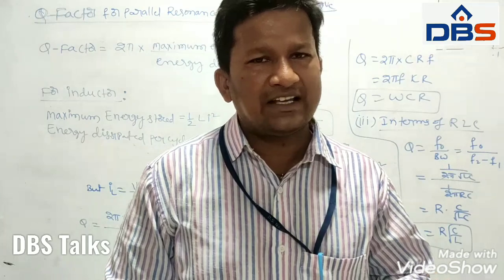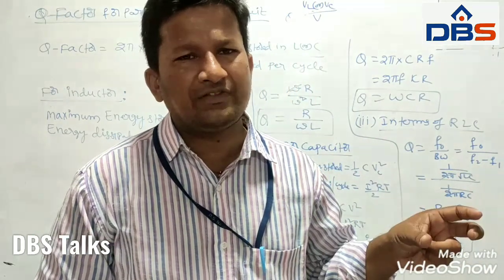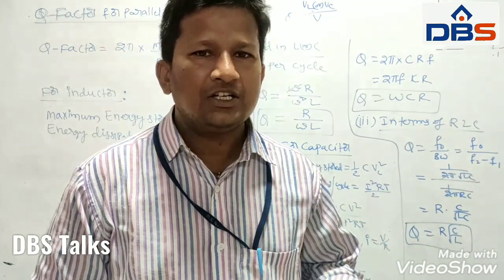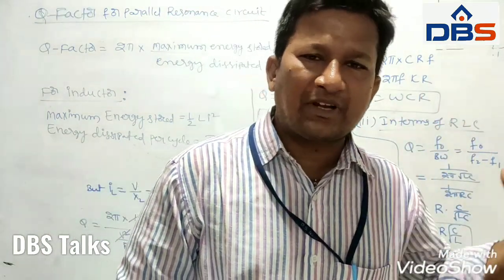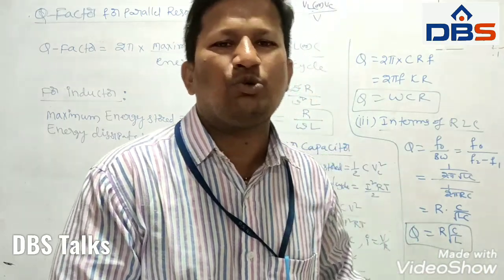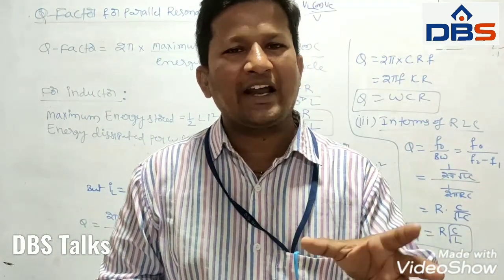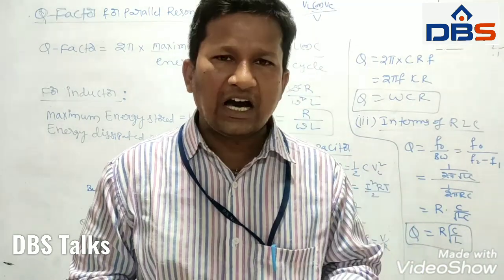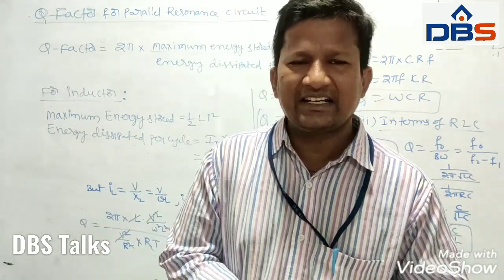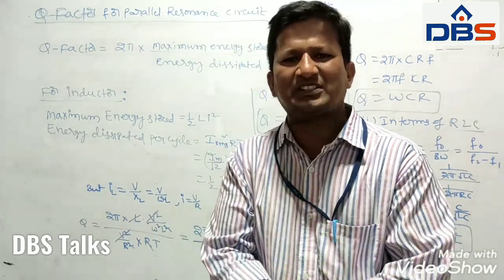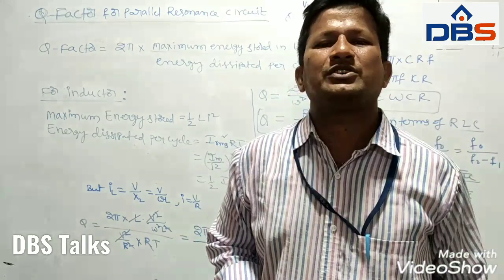Whereas in series resonance the quality factor for the inductor is omega L by R, here it is R by omega L. For the capacitor, in series it is 1 by omega CR, here it is omega CR. And 1 by R root L by C in series becomes R root C by L here. The quality factor of parallel resonance is exactly the inverse of that of series resonance.